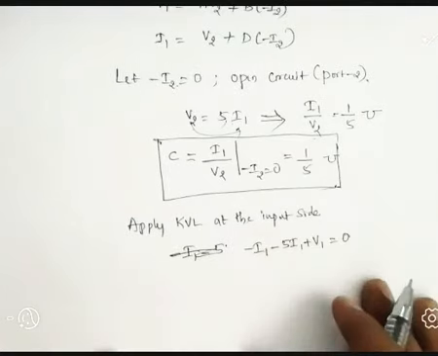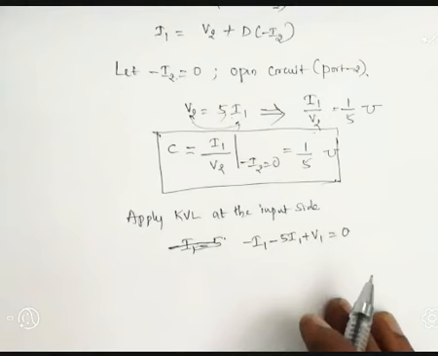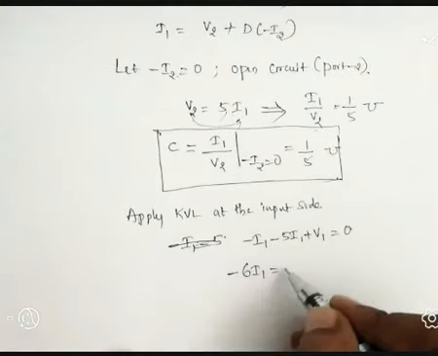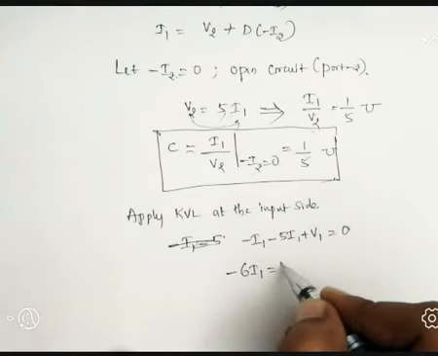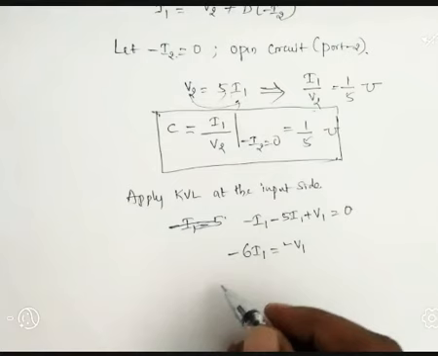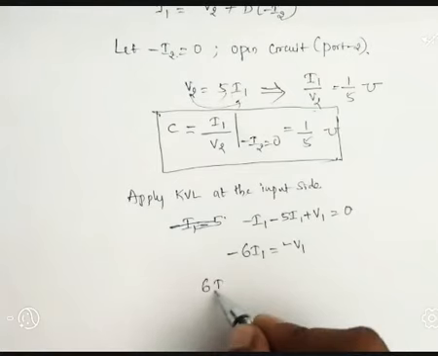And now rearrange the terms. Minus 6I1 is equal to minus V1. Hence 6I1 is equal to V1.